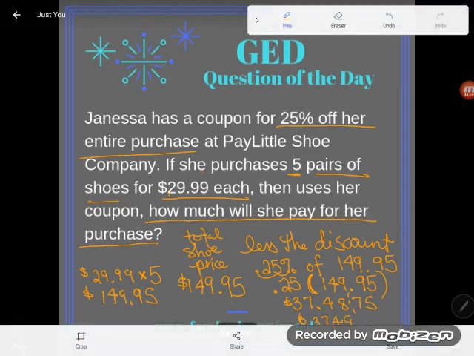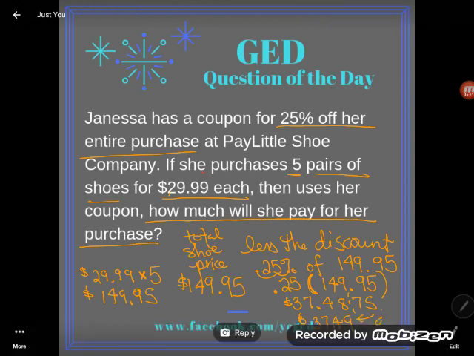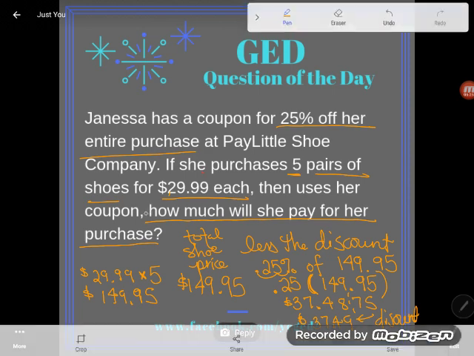Now I have a lot of students who stop right here like, woohoo, I did all my work. Be really, really careful. What does this 25% represent? Well, it says Janessa has a coupon for 25% off her entire purchase. That $37 we just found, that's the amount that's going to come off her entire purchase. That's the discount. Now, they didn't ask me how much will she save or what was the discount.